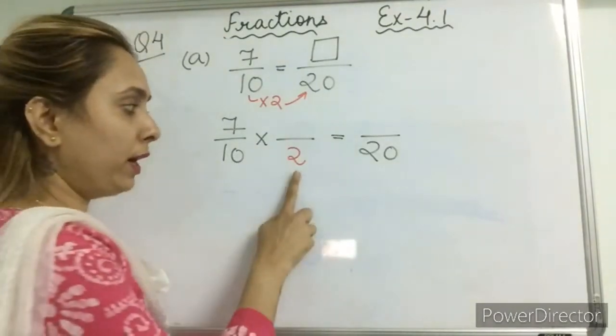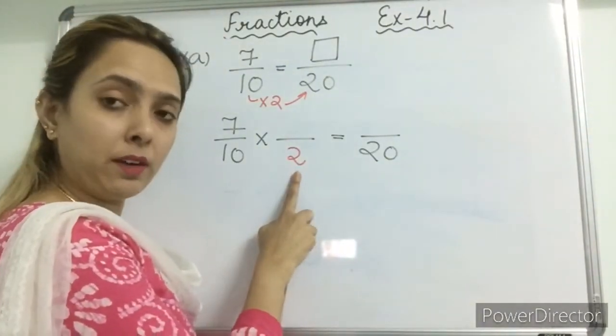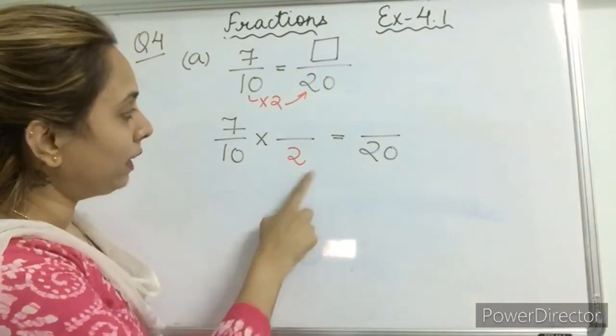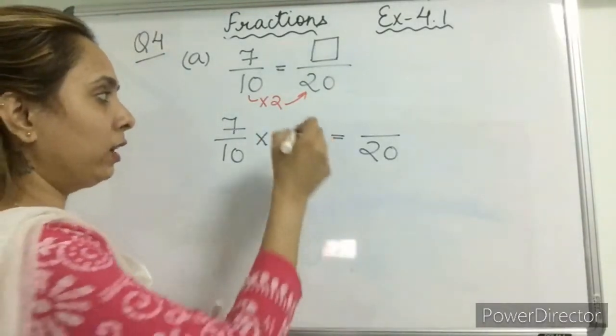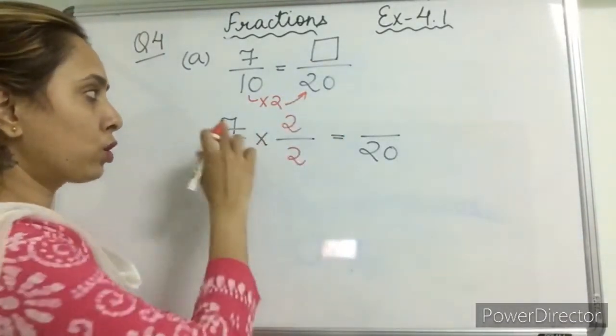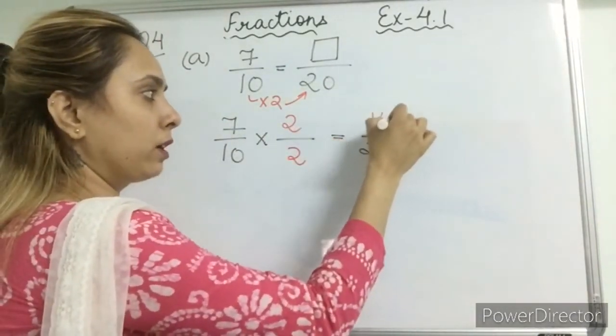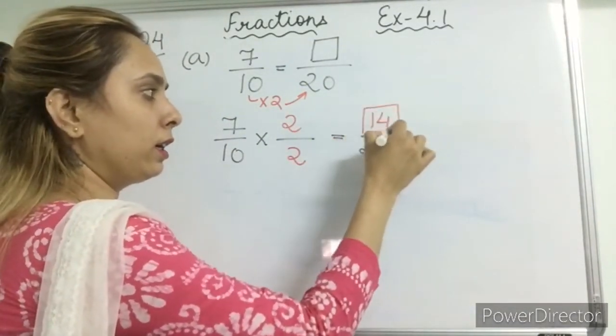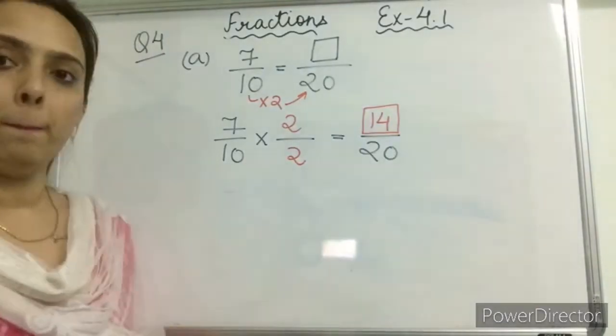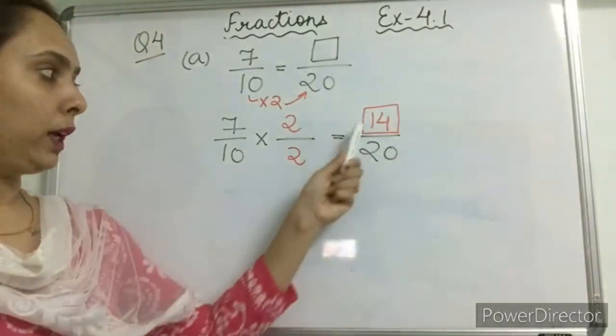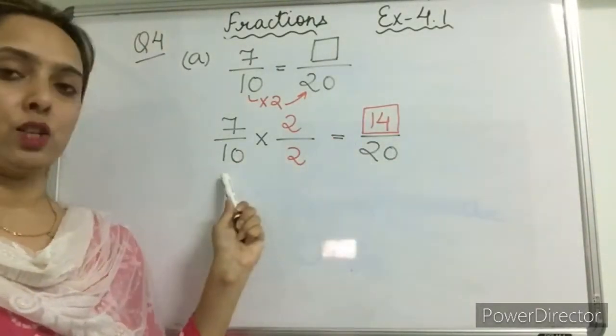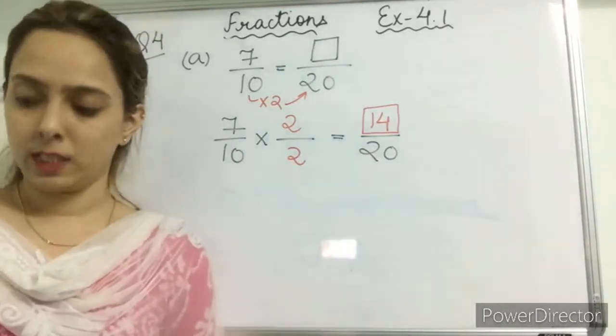And if here we have written 2, automatically at the numerator side we will have to write 2. So 7 2s are 14. So this is the answer for the blank. So 14 upon 20 is the equivalent fraction for 7 upon 10.